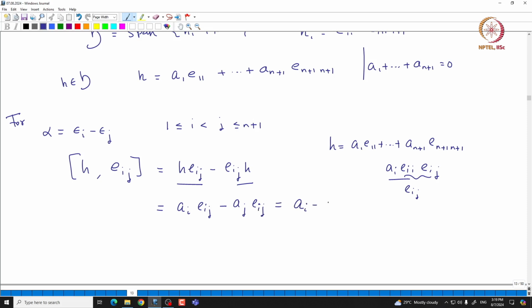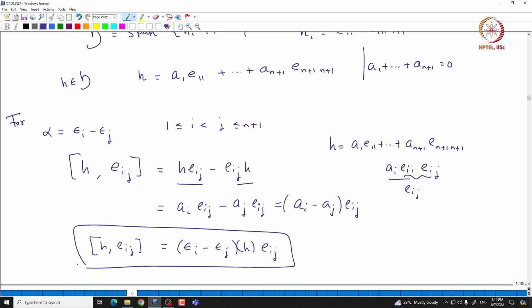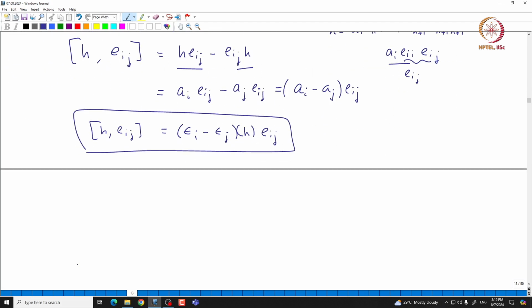Then this is exactly (a_i minus a_j) times E_ij. But if you think about it, a_i is nothing but the i-th projection of h. So this is exactly (epsilon_i minus epsilon_j)(h) times E_ij. This simple calculation tells you that these E_ij correspond to the form epsilon_i minus epsilon_j. So E_ij indeed corresponds to the root epsilon_i minus epsilon_j. Now if you take elements of H, you can easily see that they all commute.